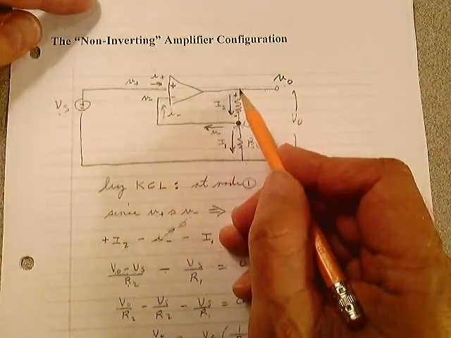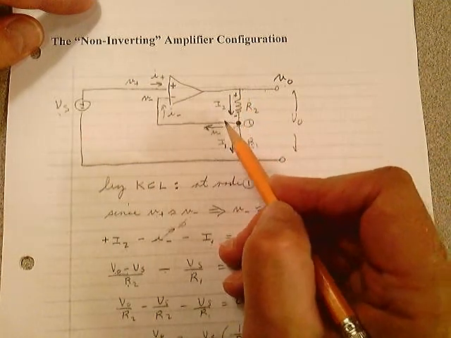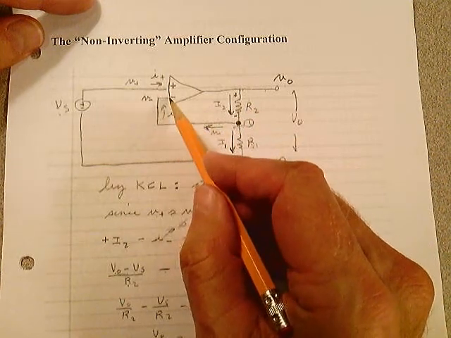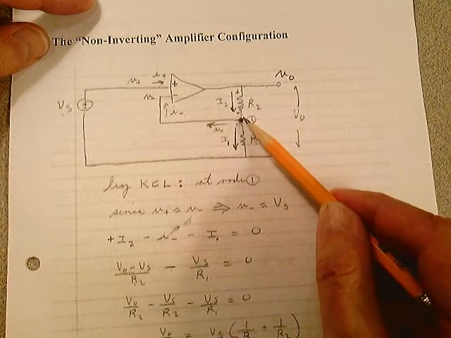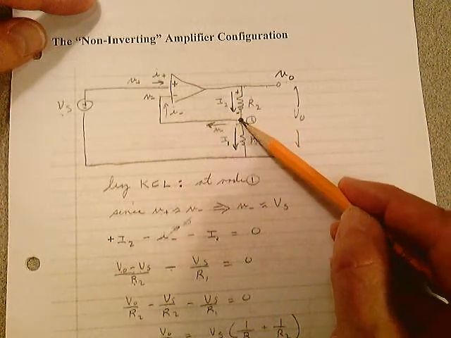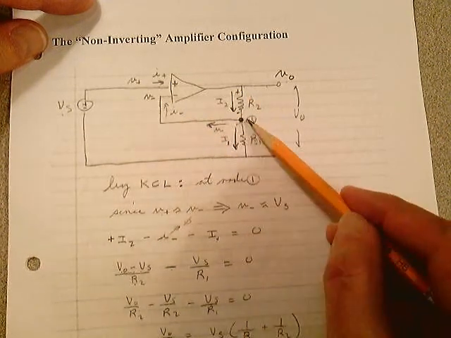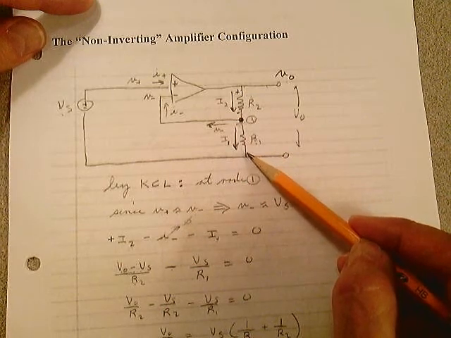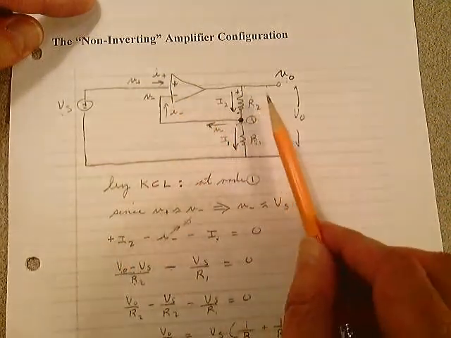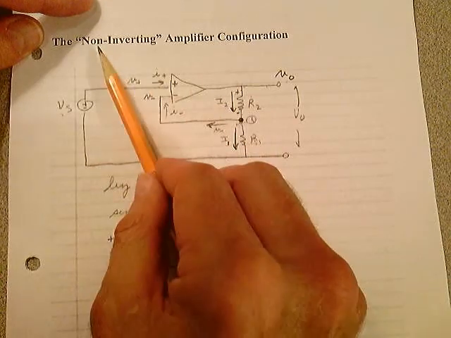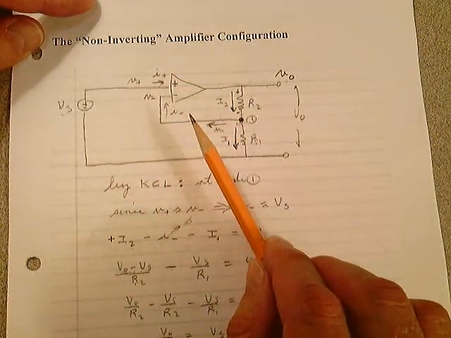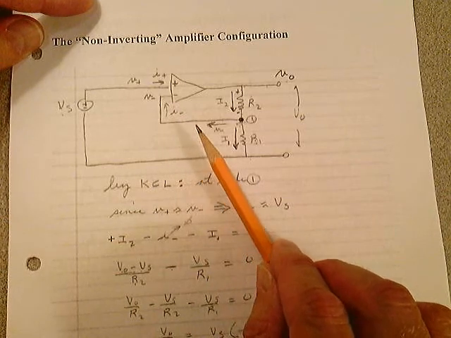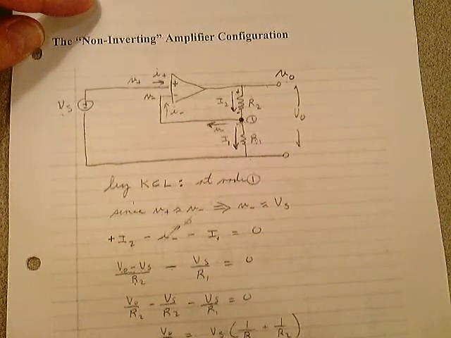The feedback resistor feeds back to the inverting input, and we have another resistor from the inverting input that goes to ground. There's no virtual ground in the non-inverting amplifier circuit. It's only found in the inverting amplifier circuit.